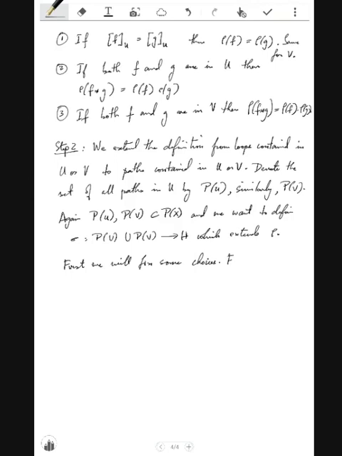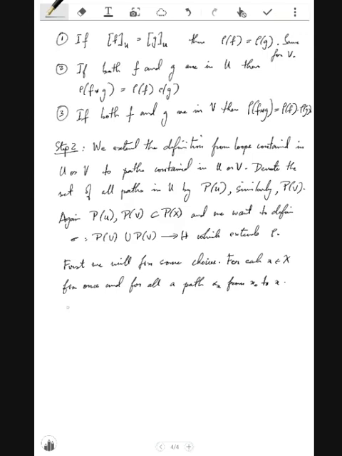For each x in X, fix once and for all the path alpha x from x0 to x. But we choose the paths alpha x subject to some conditions.